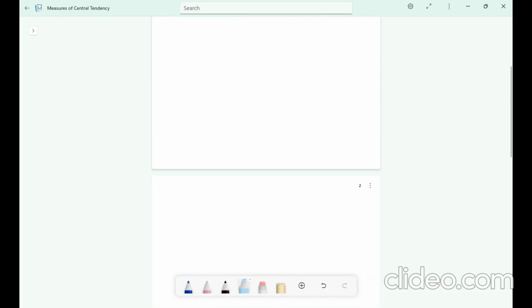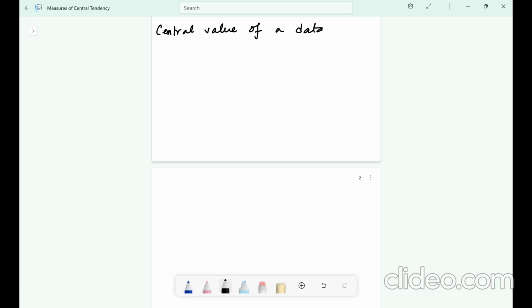So, yes, let's start with the introduction. What are measures of central tendency? They are the statistical measures that tell us about the central value of a dataset, around which the observations tend to cluster, okay?